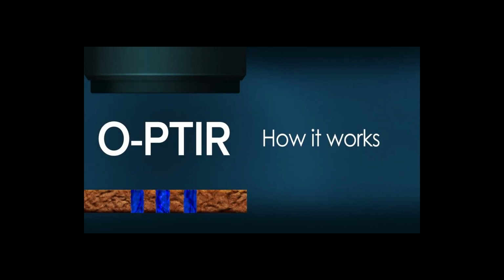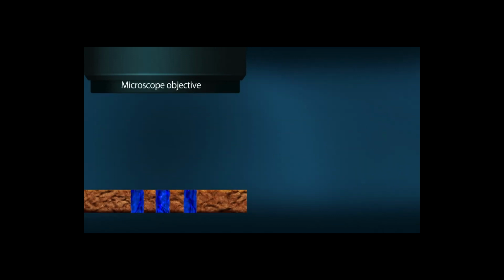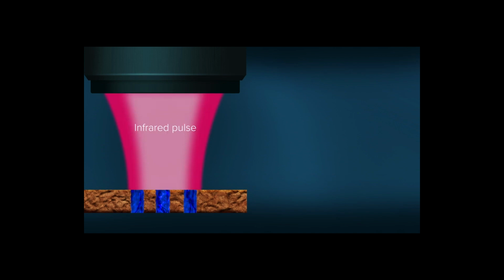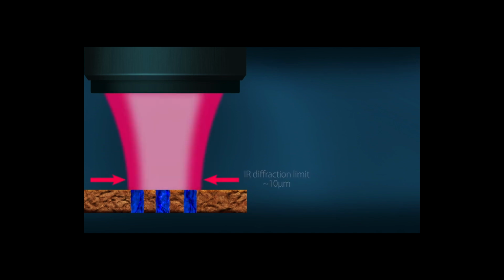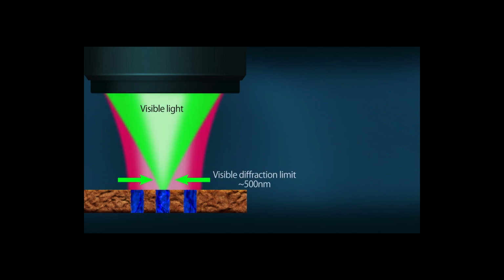How might this technique work? I've got a little video to take you through it. So it all starts with the microscope objective. It's a reflective Cassegrain style. Through that, we shine a pulsed infrared laser beam, and being infrared, it's fairly broad, maybe around 10 microns. At the same time, we're shining in our probe beam, the green, which is about 500 nanometers.